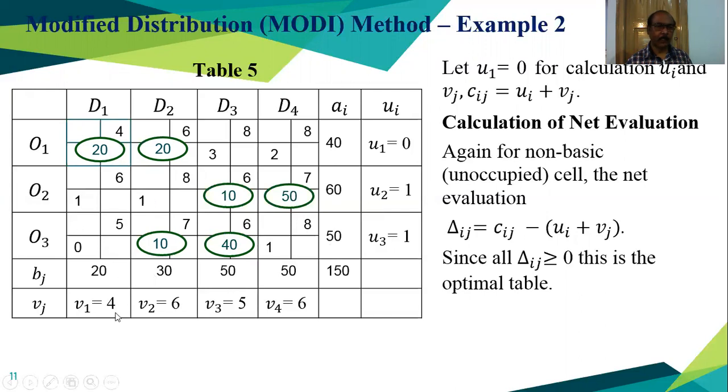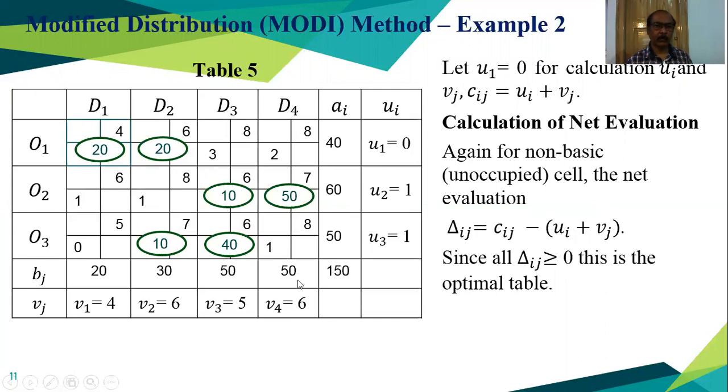Here 5 minus 4 plus 1 equal to 0, and 8 minus 6 plus 1 is 7, is equal to 1. So here we see all the delta ij greater than or equal to 0, but only one delta ij equal to 0. So this is our optimum table.